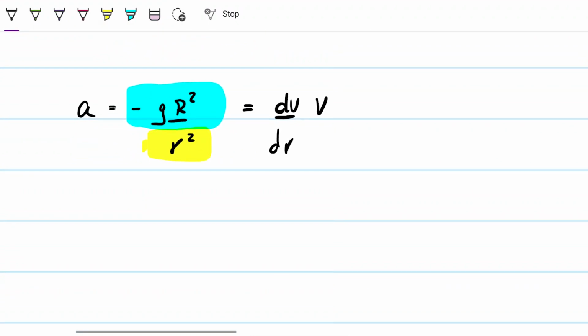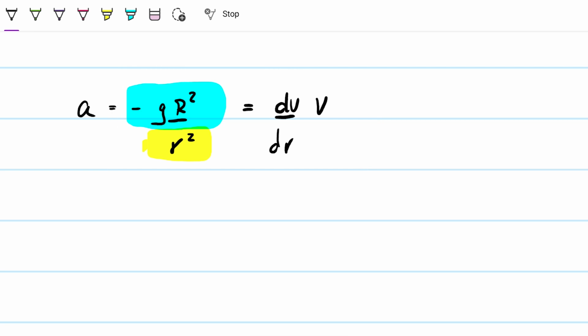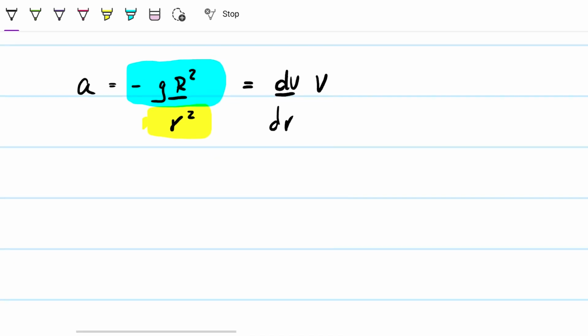And now I have an equation in which my unknowns are r and v, and I can solve it. I can solve it with that hint that was given to us, which is as my r goes to infinity, my velocity goes to 0. Or when my velocity reaches infinity, my r is going to be infinite, because r doesn't mean anything anymore, because Earth cannot pull this particle back.